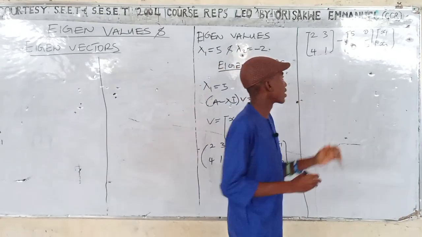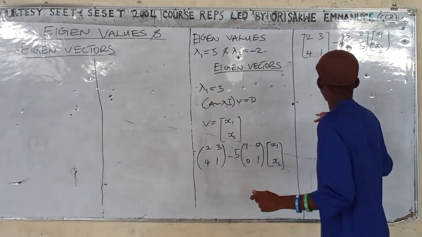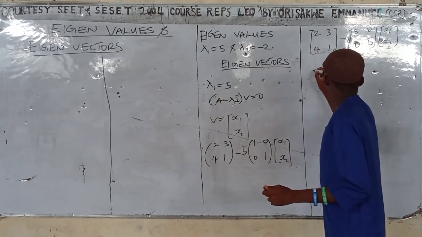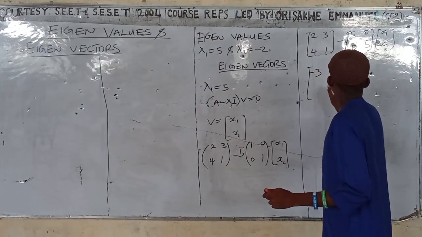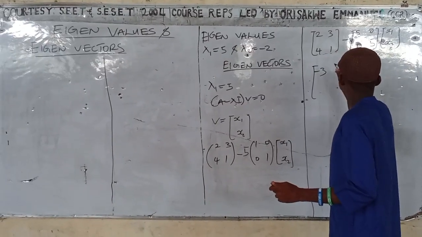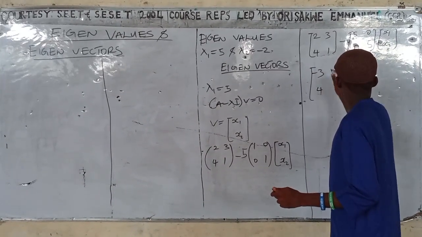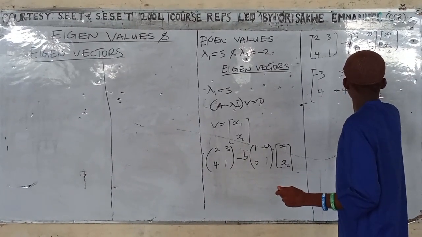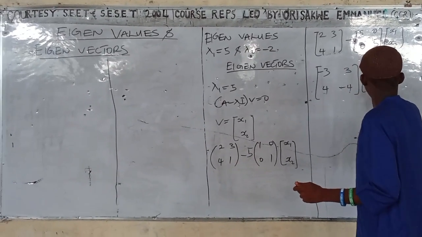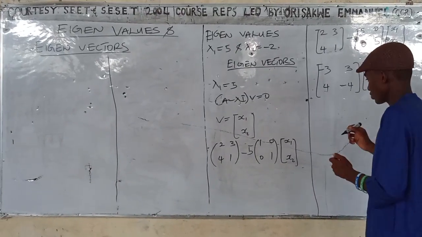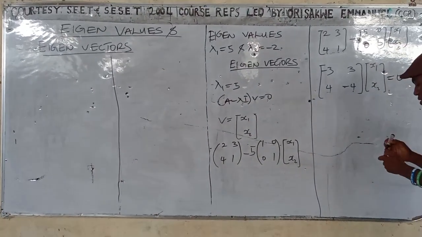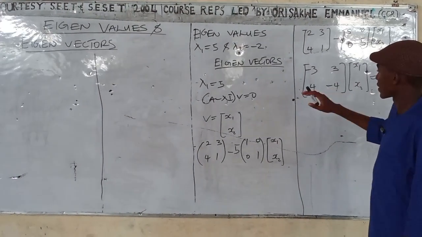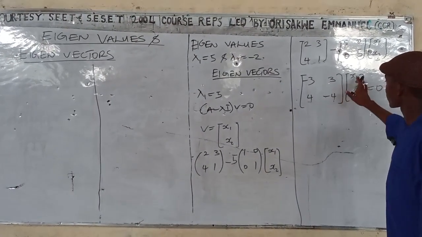Now we subtract these two together. We have 2 minus 5, minus 3; 3 minus 0, 3; 4 minus 0, 4; and 1 minus 5, minus 4, times x1, x2 equals 0. Now from here, we have found our A minus lambda I. This is our A minus lambda I, and this is our v, which is x1 and x2.